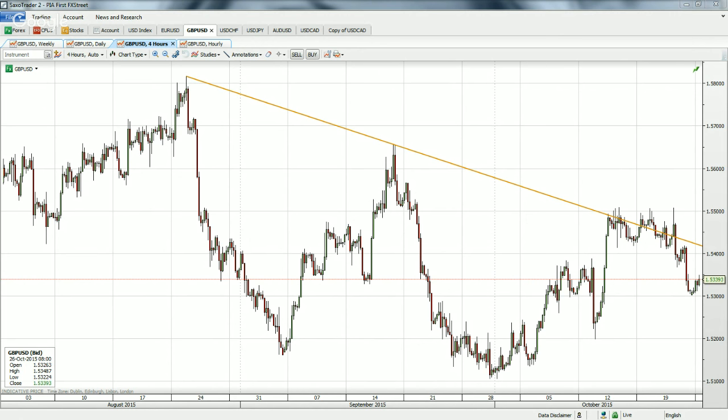But like I was saying, it's close to a 261.8% extension level. You don't really want to necessarily be selling into the base. So if you were to sell at the moment, you just sell in half size, so that you've still got the ability to sell into this correction if it moves slightly higher.